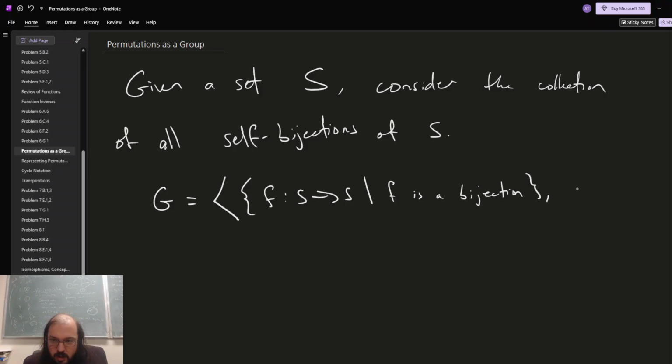And the operation is function composition.